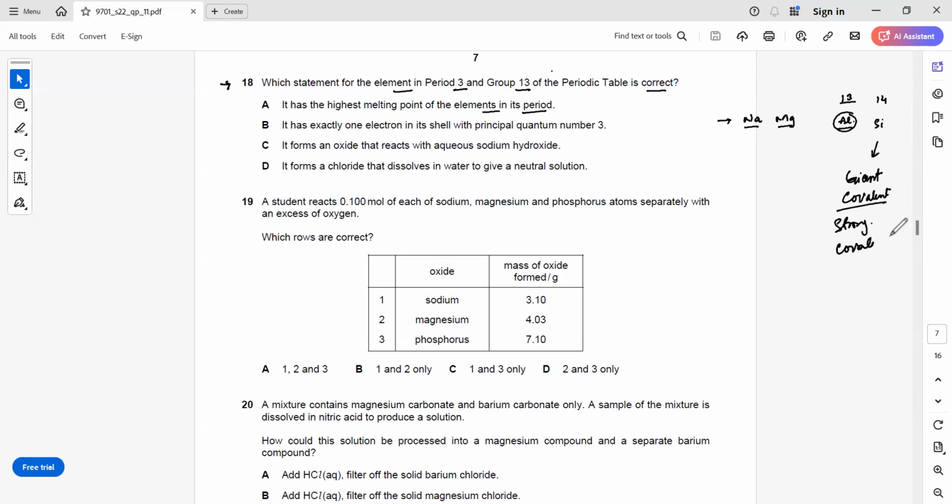So due to this, we know that this member of group 14 has a higher melting point. And after that, we know that elements like phosphorus, sulfur and chlorine exist as small molecules.